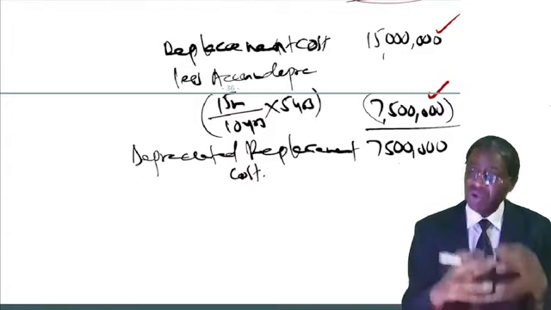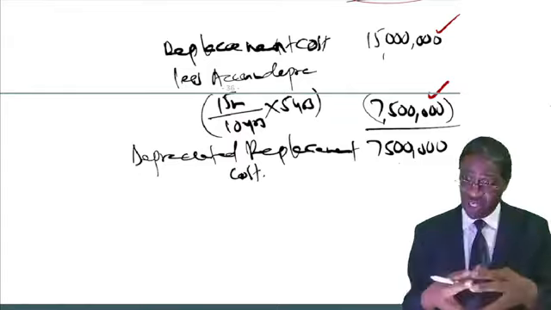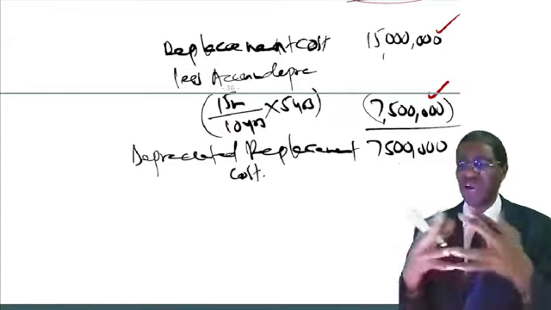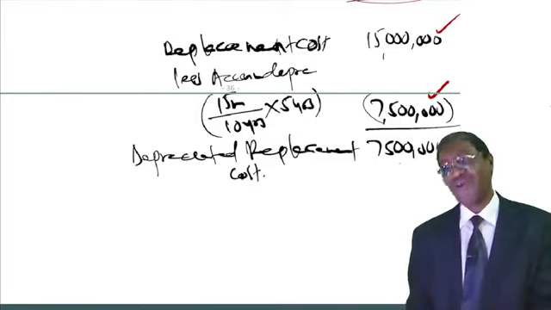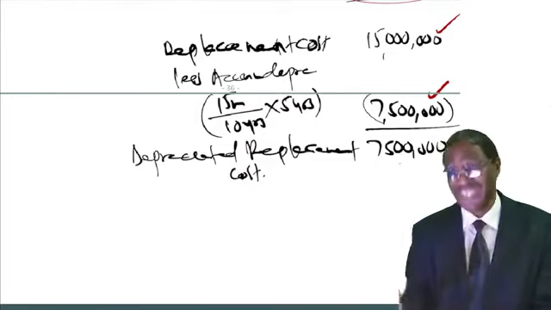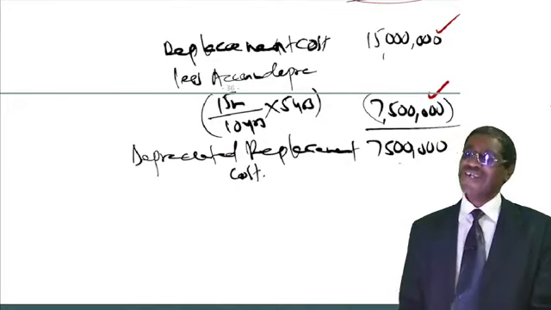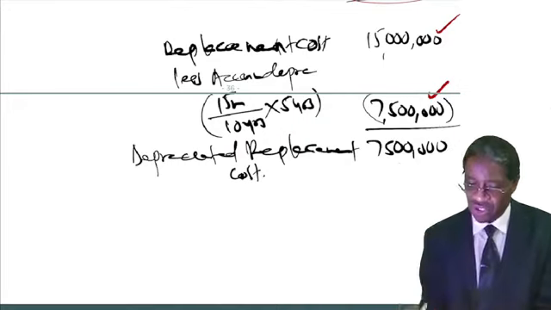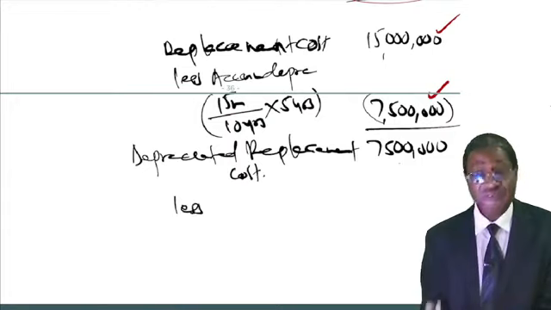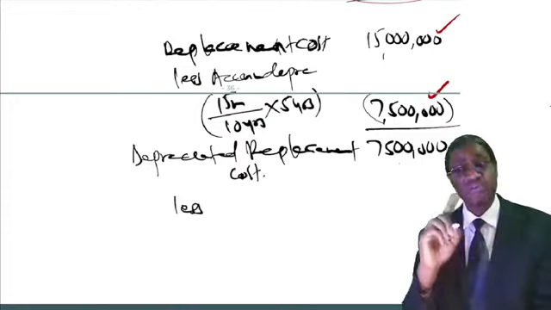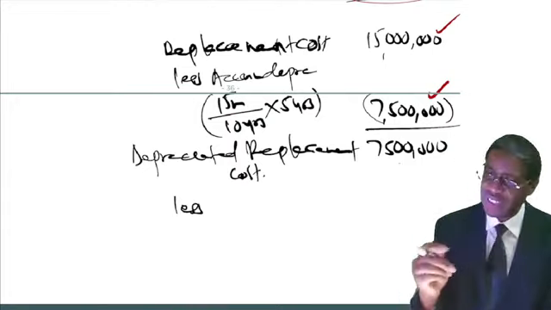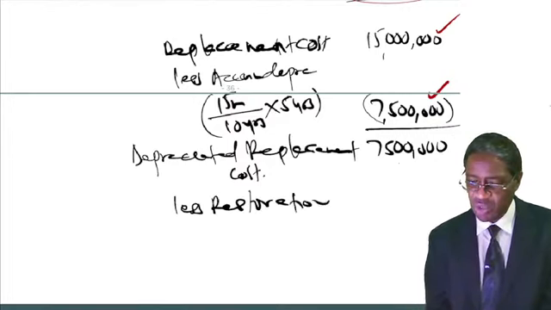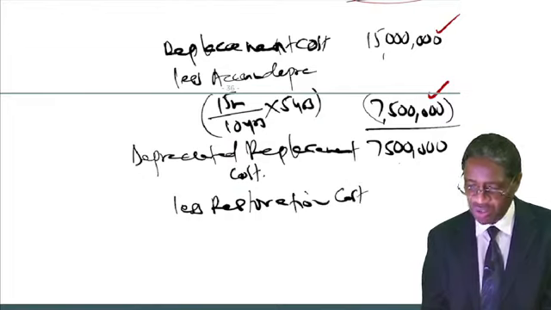To restore the other asset that was damaged to a condition that you can still use, what would be the restoration cost? That which you are given as the restoration cost, you subtract from the depreciated replacement cost.